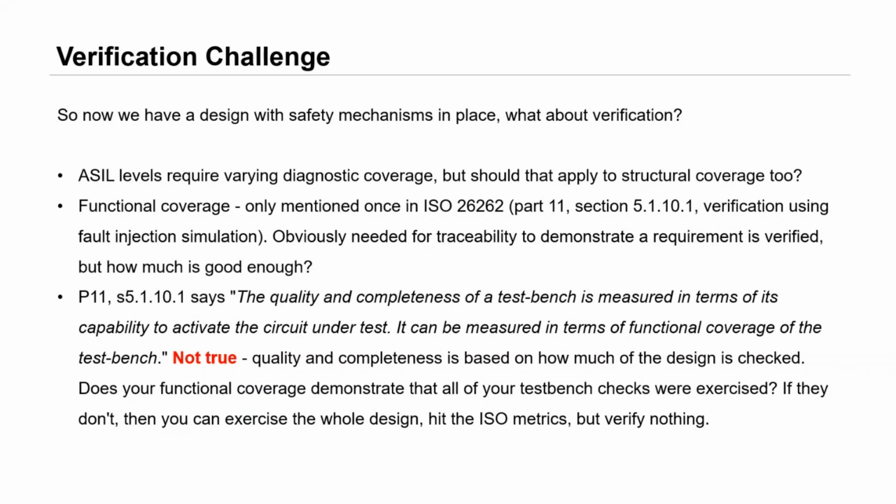And if you look at ISO 26262 carefully, it says the quality and completeness of a test bench is measured in terms of its capability to activate the circuit under test. It could be measured in terms of functional coverage, which is not really true. The quality and completeness is based on how much of the design you're checking. The functional coverage doesn't demonstrate that all of your test bench checks were exercised.